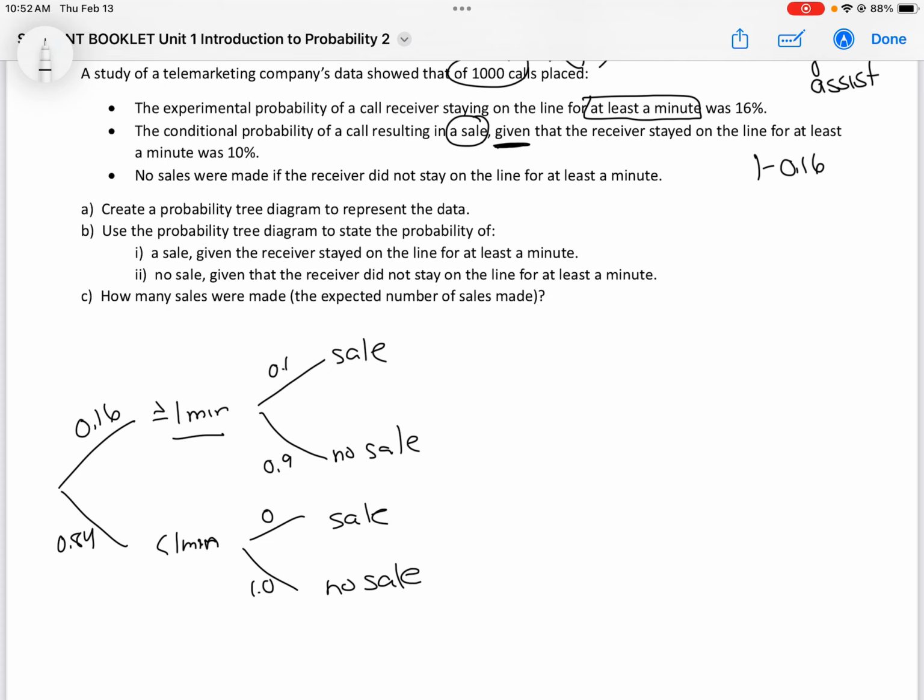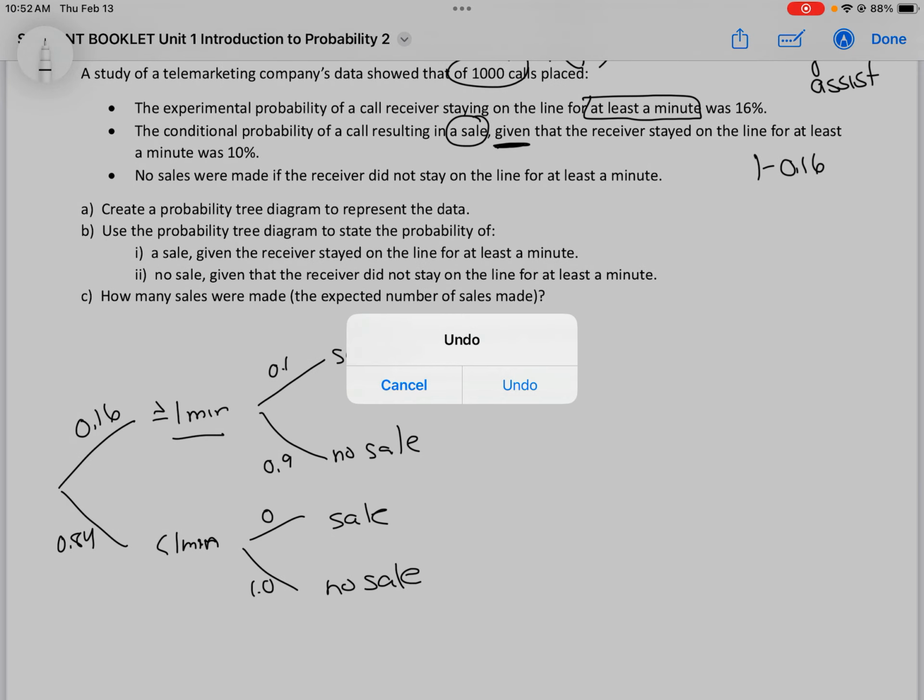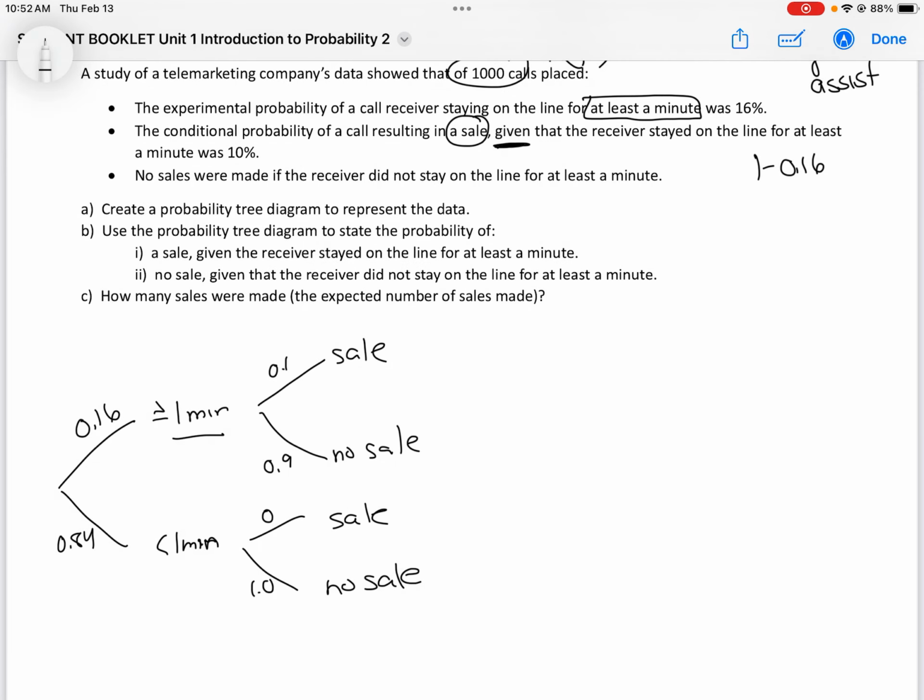And still the 0 and the 1 add up to 100. Okay? So if we're at this situation right now, what I would do is multiply the 0.16 times 0.1. So the probability of greater than or equal to a minute and a sale is 0.016. And then 0.16 times 0.9 is 0.144. And then 0.84 times 0 is obviously 0.